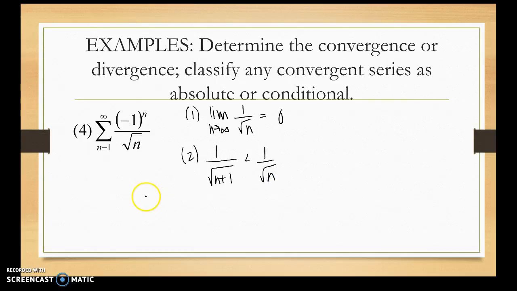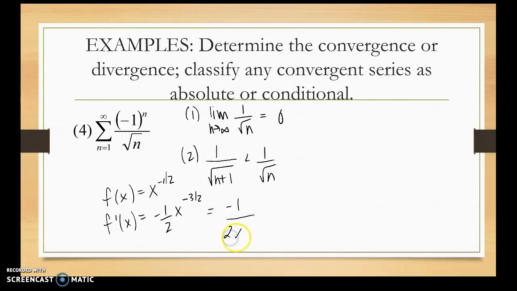Okay, we could also, of course, if you like using the derivative, so if I wrote this as x to the negative half, f prime of x is negative 1/2 x to the negative 3/2. So the derivative is definitely negative for all values bigger than n equals 1. So what do I know? I know that the series itself converges by the alternating series test.